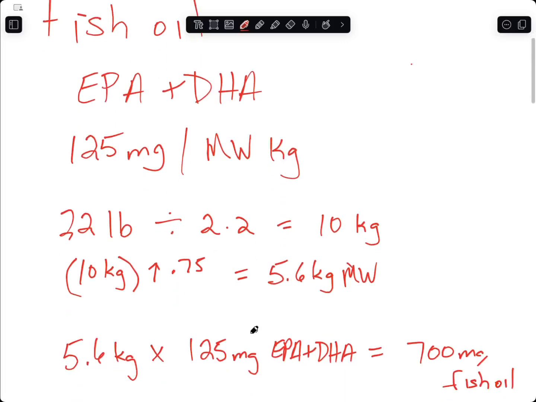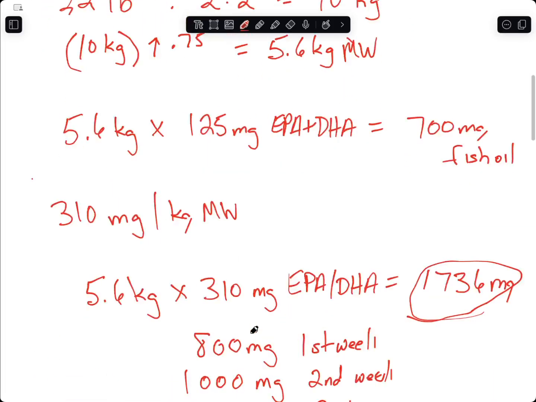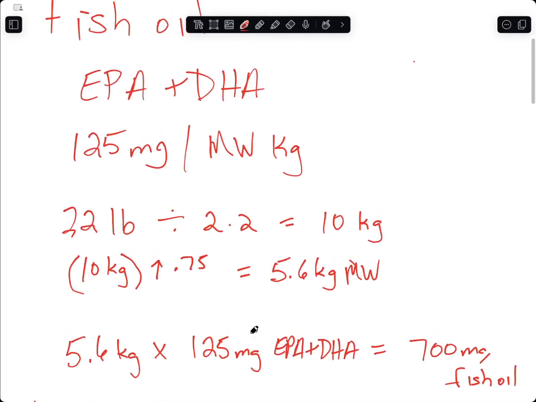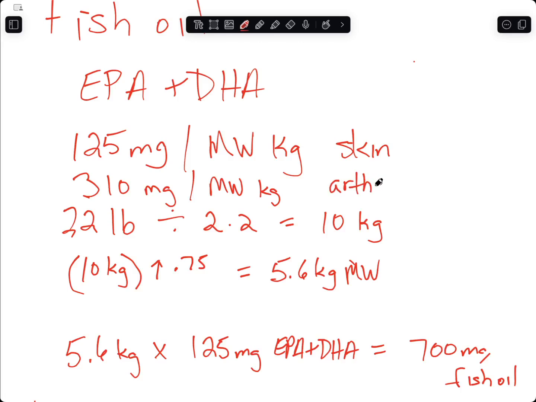That is how you calculate out metabolic weight, and that's how you calculate out the fish oil. So for skin issues, it's 125 milligrams, and then for arthritis, 310 milligrams per kilogram of metabolic weight.